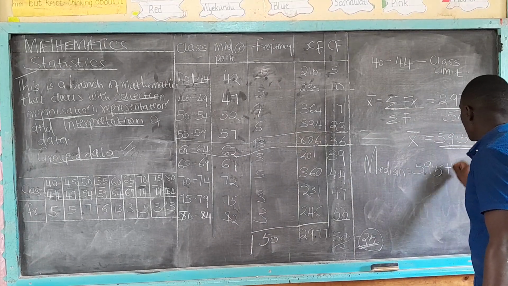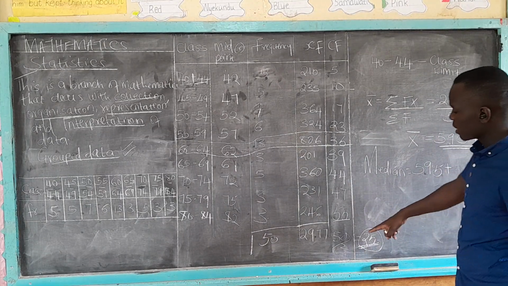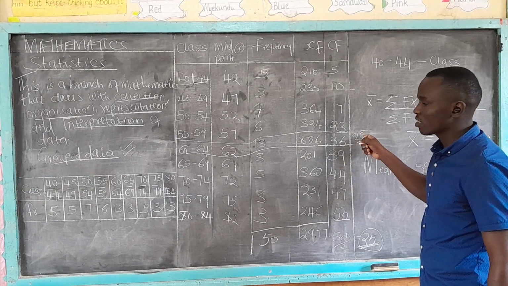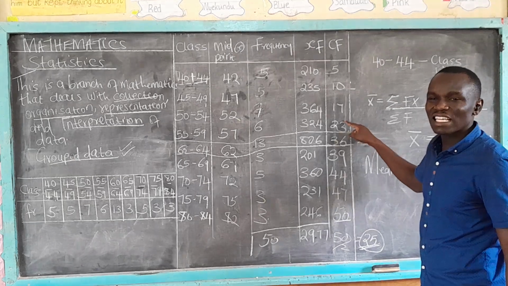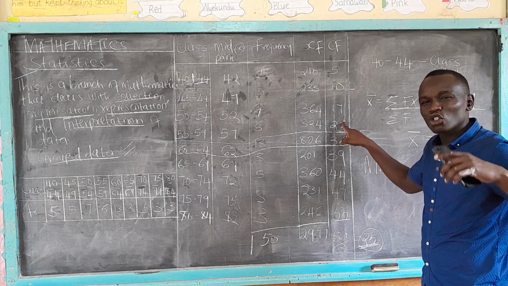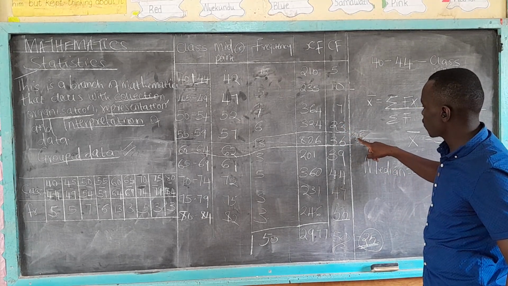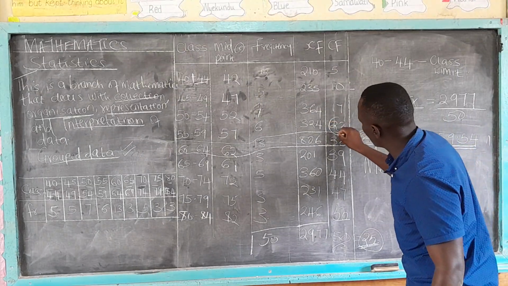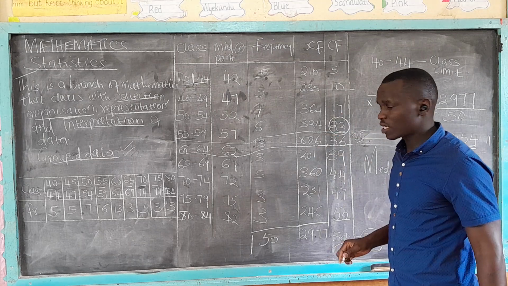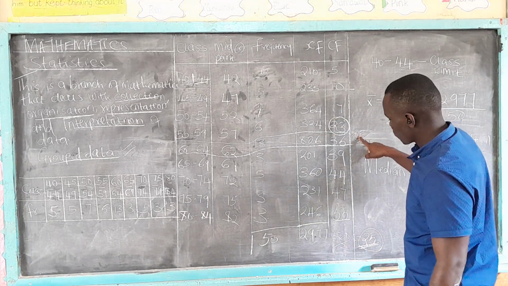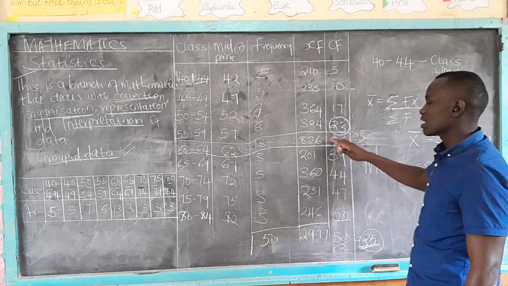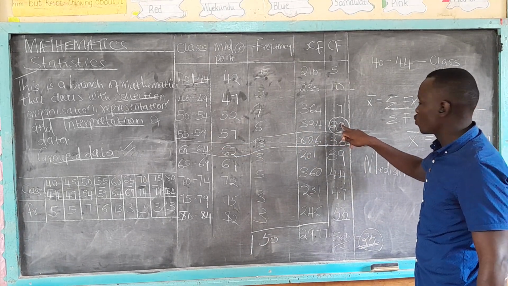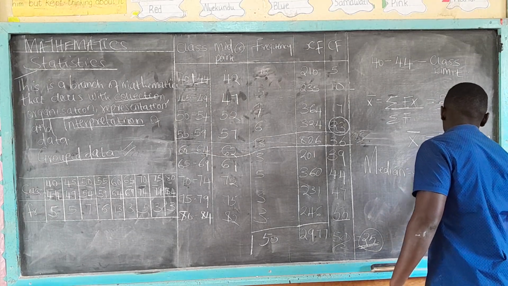To 59.5, you add the difference between this 25, half the cumulative frequency, which lies in this row, and the cumulative frequency right on top of it, which is 23. The difference is 2.